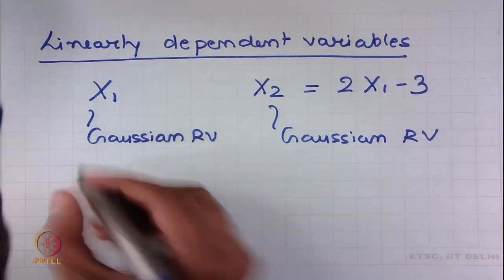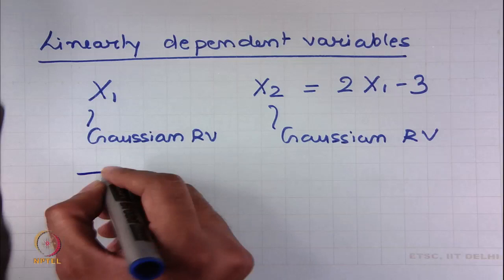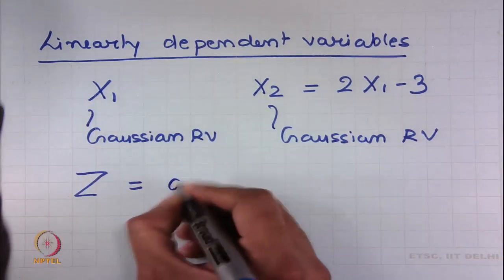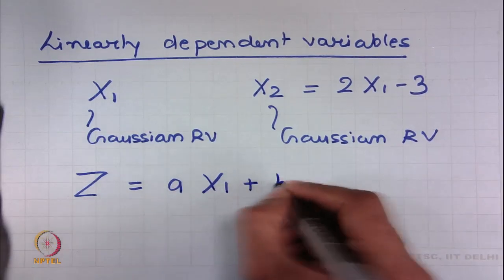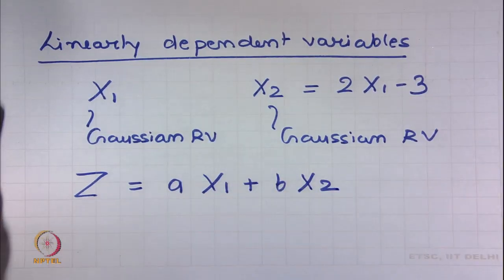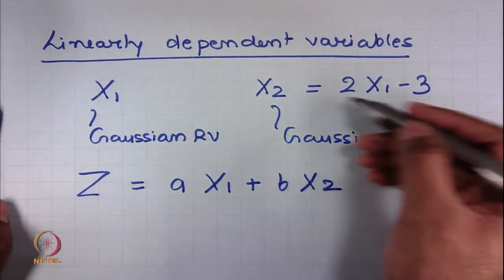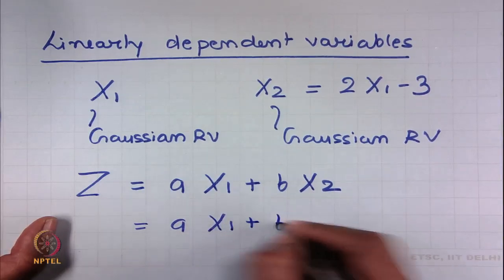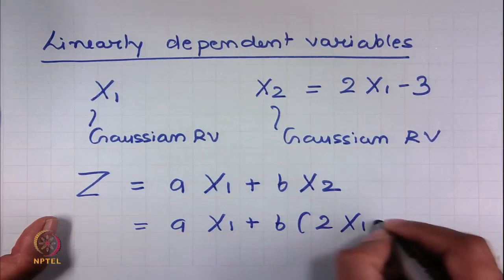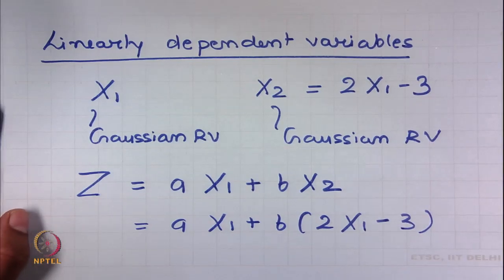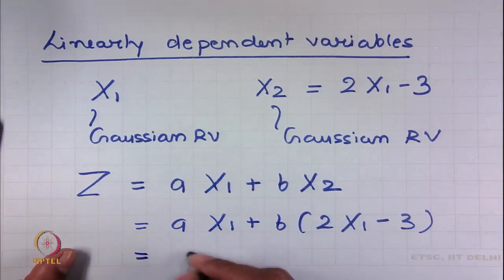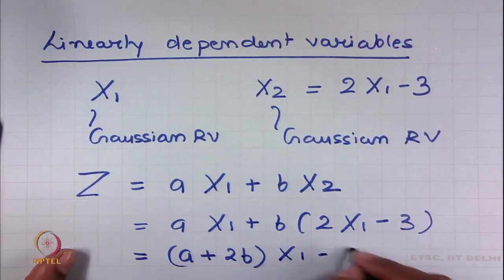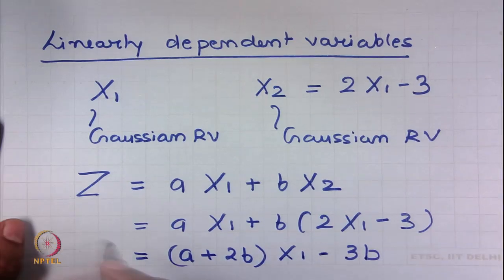Now, let me define a random variable z, which is a linear combination of these two random variables. Let us substitute the value of x2 in this equation. We get this, and simplifying, we get the following.